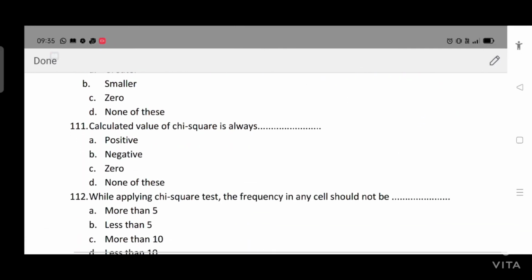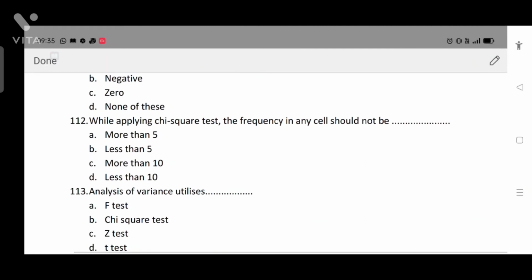The calculated value of chi-square is always positive. While applying chi-square test, the frequency in any cell should not be less than 5.